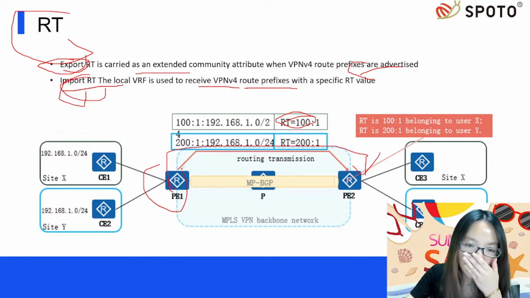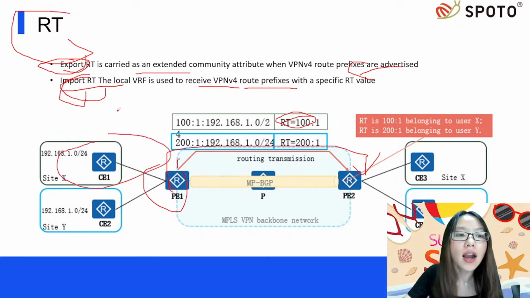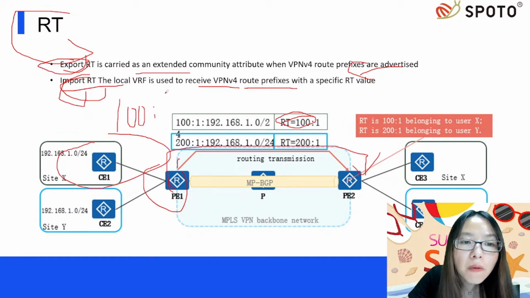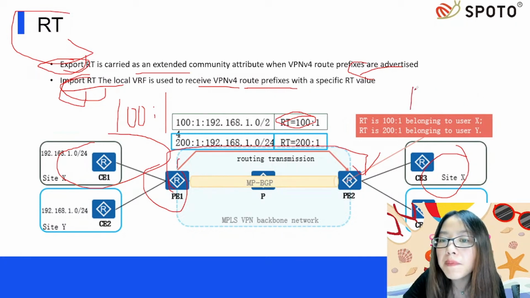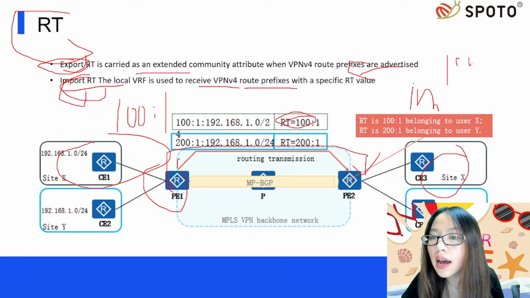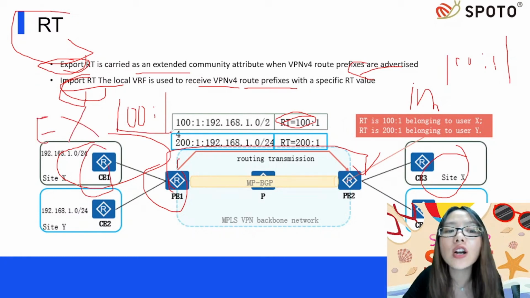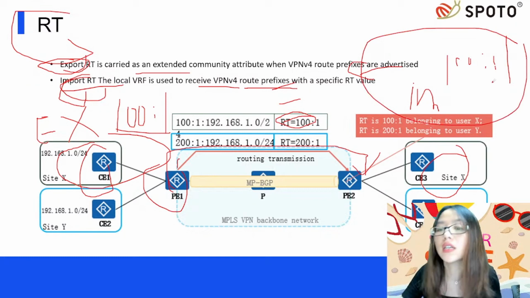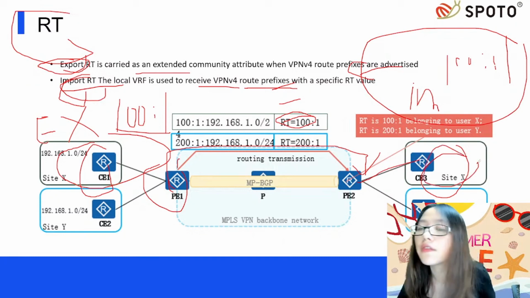If the company X site's export RT is 101, and the site X import RT is 101, and the C1 export RT is 101, so if the export RT is the same as the import RT, the route will be imported to the correct site.